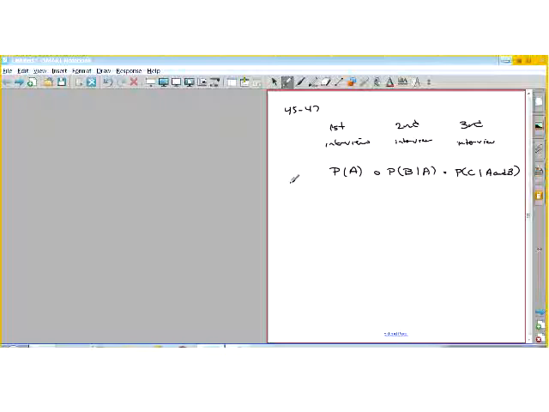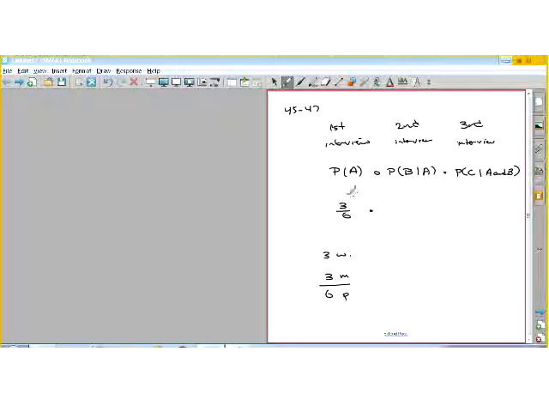We have 3 men and 3 women. So the probability of picking a woman for the first interview, because it's random, there are 3 women, there are 6 slots. So that's the probability of event A occurring. So let's write that we have 3 women, 3 men, for a total of 6 people.